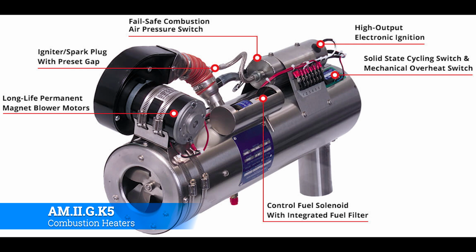You have a high output ignition that'll spark electrically, and then you have all your different switches and solenoids and all the electrical components that happen around trying to electrically start a fire effectively, and then blow the excess hot air into the cockpit.